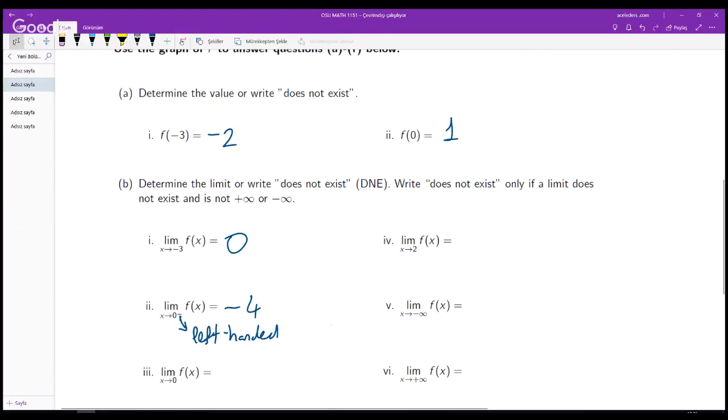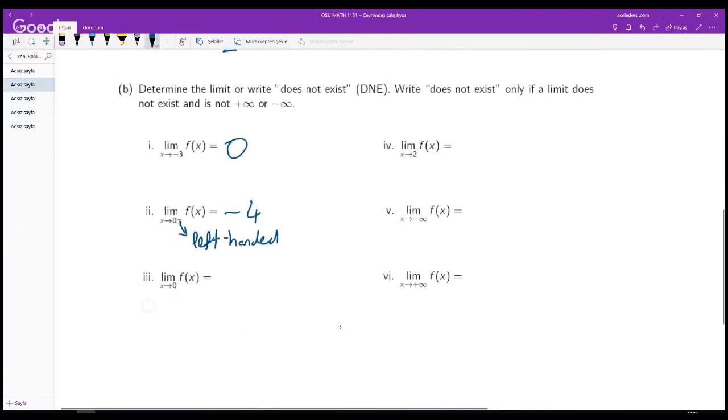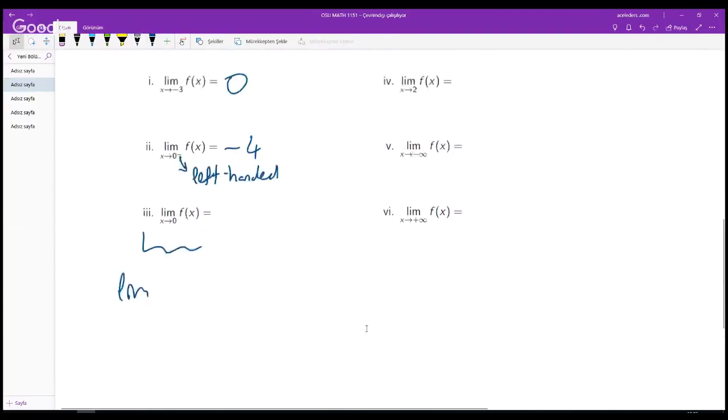The next question is the limit of f(x) as x approaches 0. Now think about left-handed and right-handed limits.